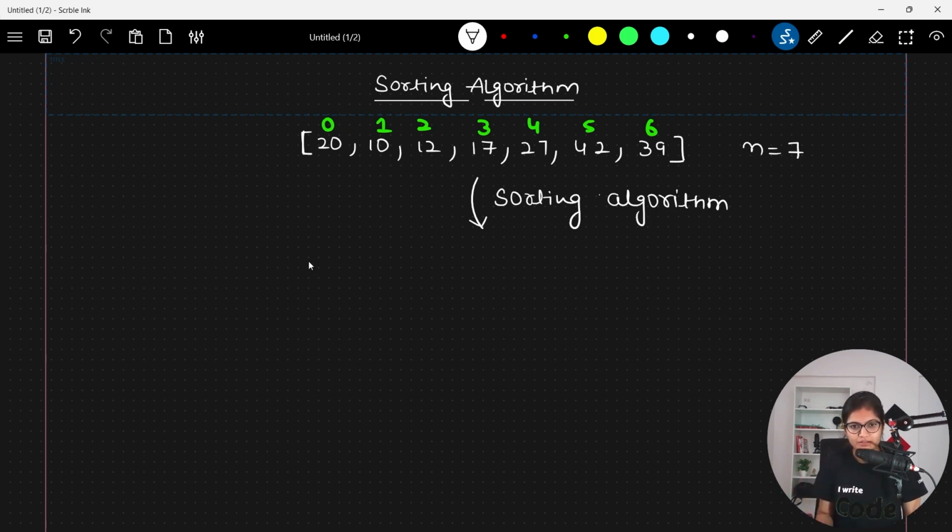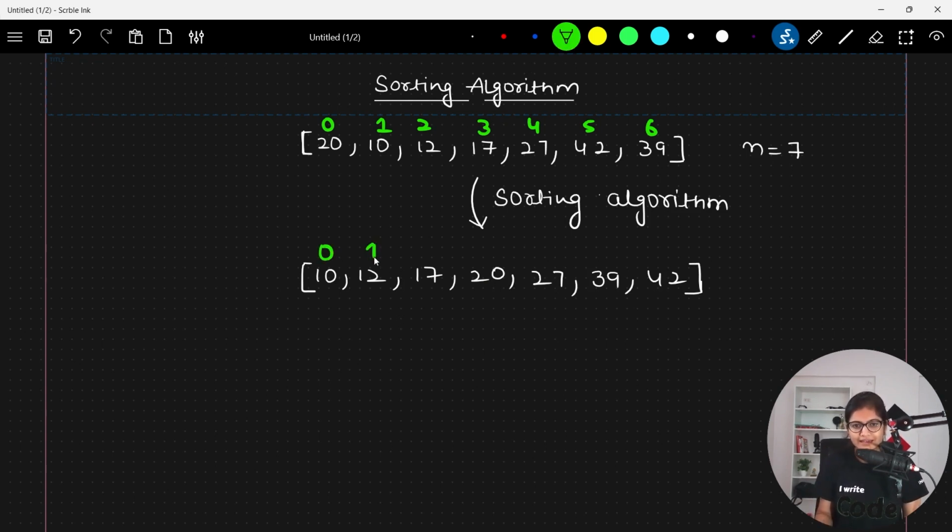For example, the expectation will be that your array should look like 10, then 12, then 17, followed by 20, then 27, then 39, and then 42. This is the kind of array which is expected from your code, with the indexes we got as a final output for each element.